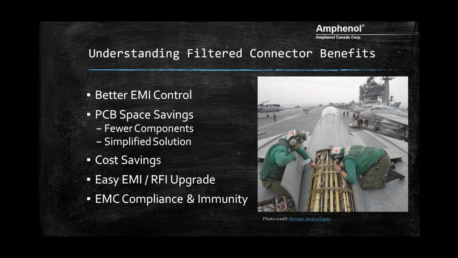It can give you cost savings by reducing the amount of components in your system, as well as the robustness of the system, because everything would be contained within the connector. You don't have those boards or other units within the box. It's easy to upgrade your system by installing a connector.